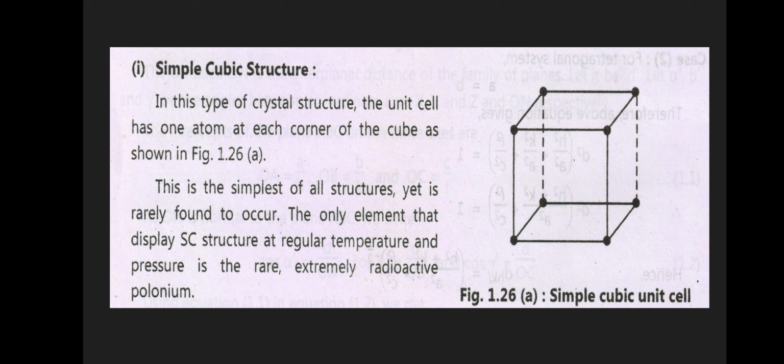In this type of crystal structure, the unit cell has one atom at each corner of the cube as shown in figure. Now figure shows cube. Now there are 8 corners of the cube and 8 atoms are situated at each corner of the cube as shown in figure.